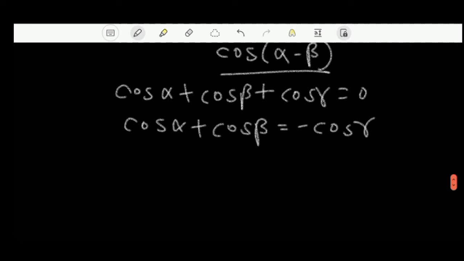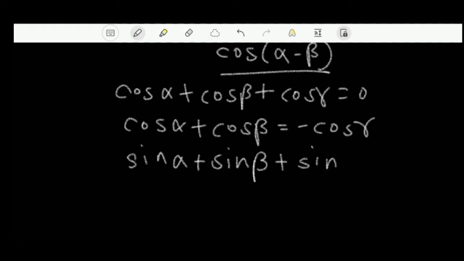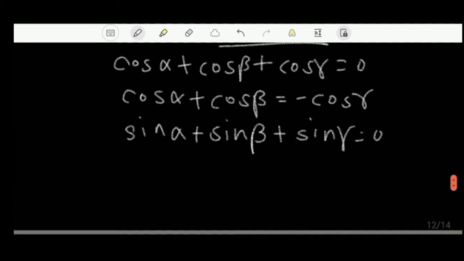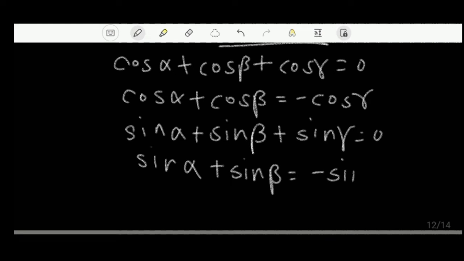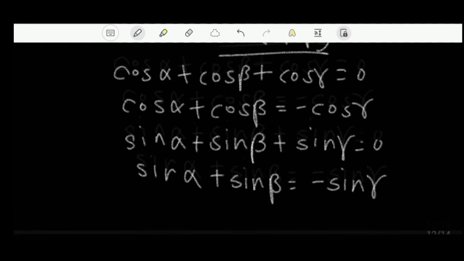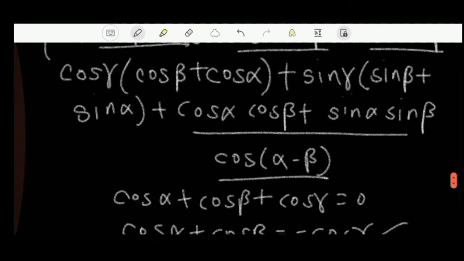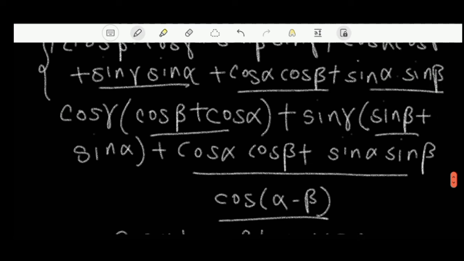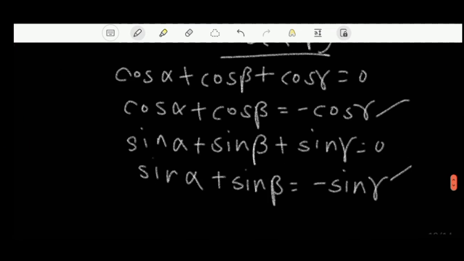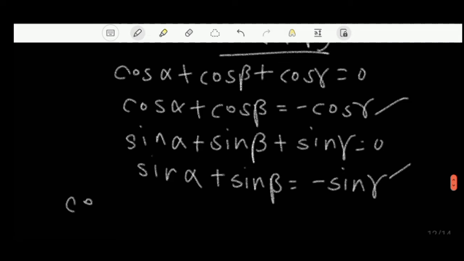Similarly, for the statement B, we can say sine of alpha plus sine of beta plus sine of gamma equals 0, which simply implies that sine of alpha plus sine of beta equals minus of sine of gamma. And now substitute these two values in these two places. So we can simply say that cos of gamma multiplied by minus of cos of gamma.